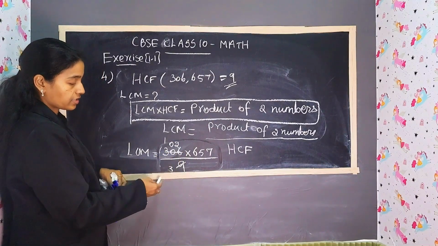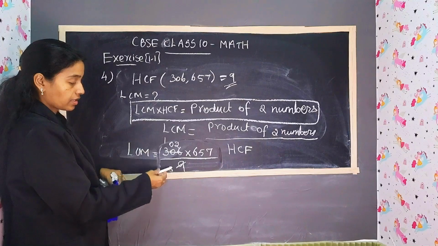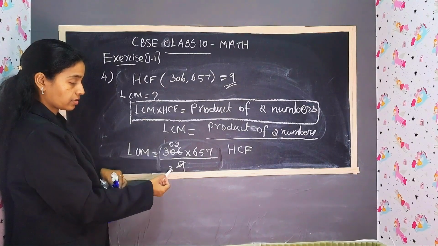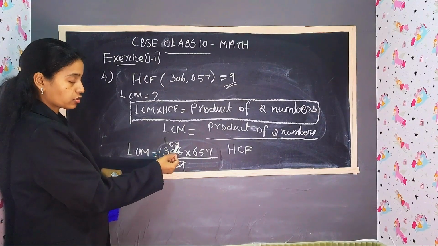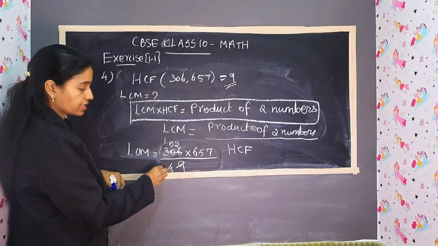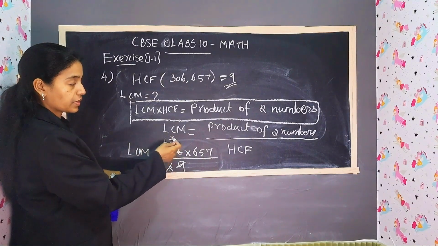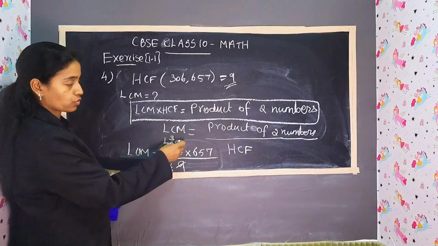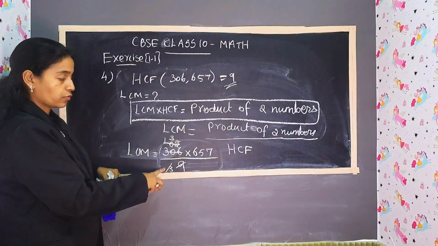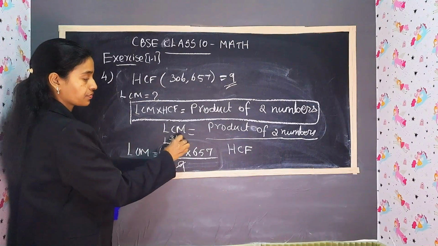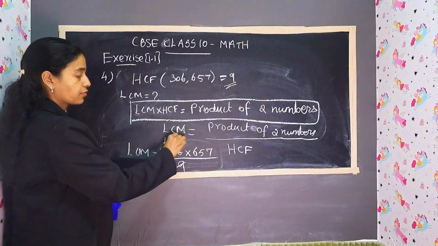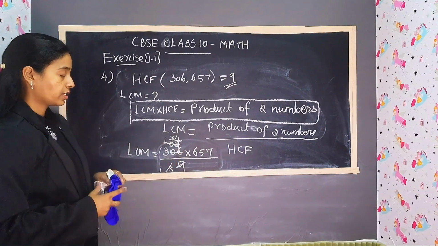So again 3 is here. I can divide this 102 by 3. 1 3 is 3. 3 3s are 9. Remaining 1, right? 1 and 2, 12. So 4 3s are 12. Right? 34. I am getting 34.